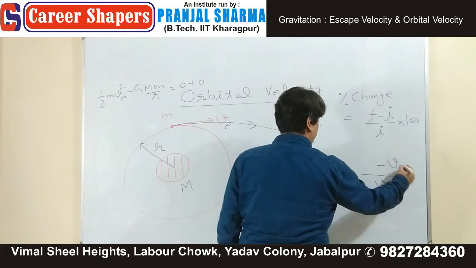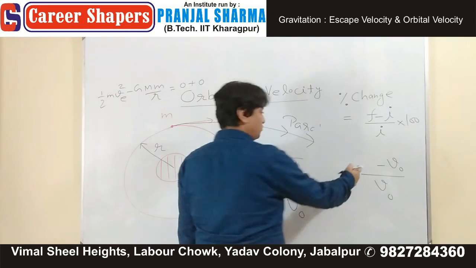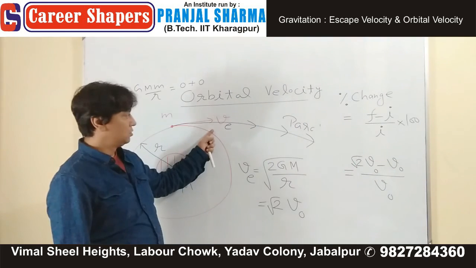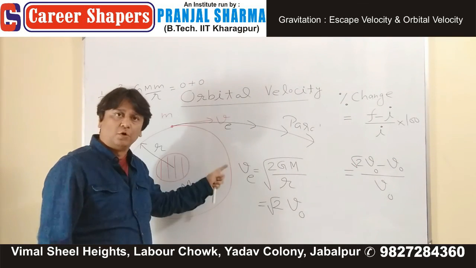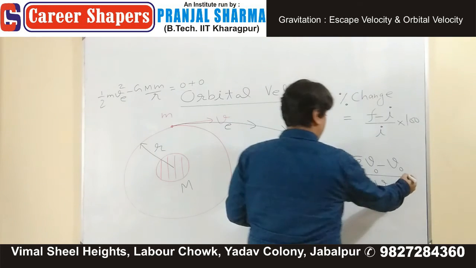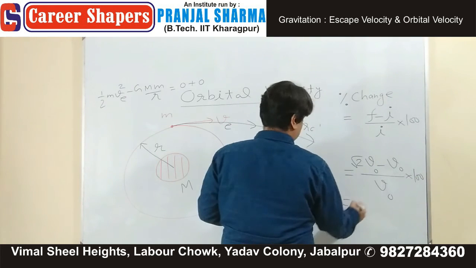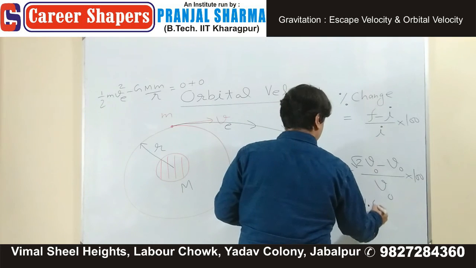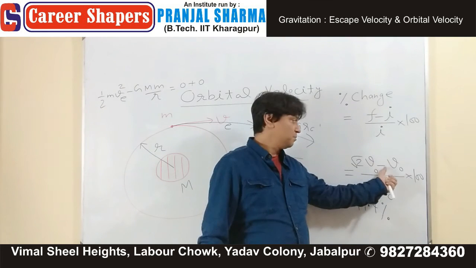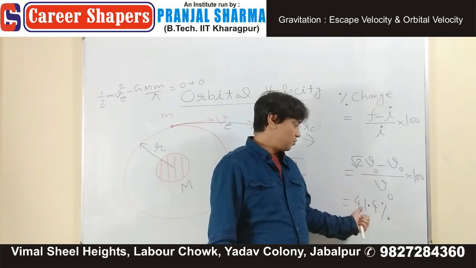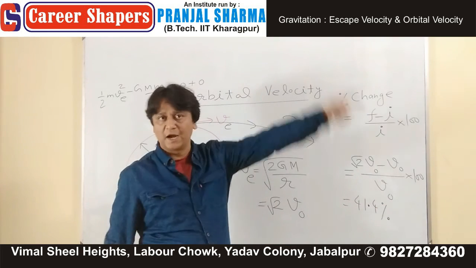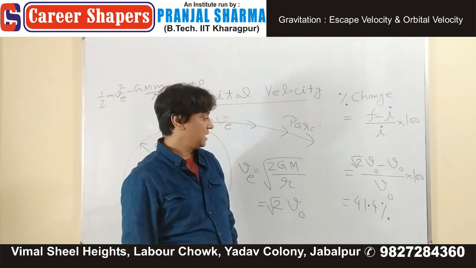This is your initial. And when you make it VE, which is root 2 times VO, that's your final. Question is what? It is moving with VO. By what percent you need to increase? Multiplied by 100. Root 2 is 1.414 minus 1. VO cancel. You get what? 41.4%. So if you increase orbital speed by 41.4%, satellite will escape to infinity.